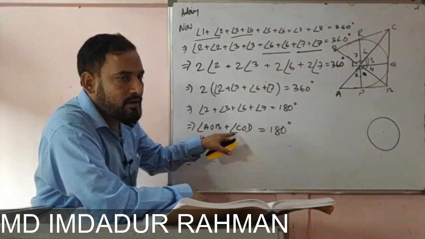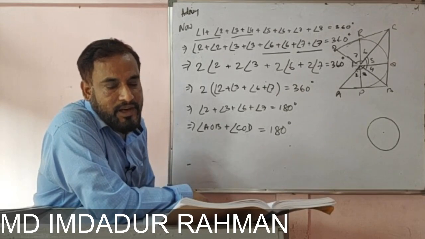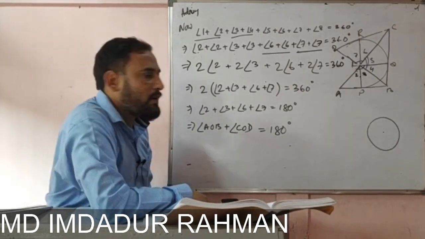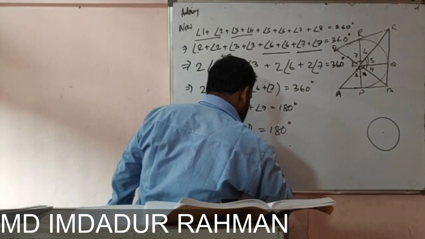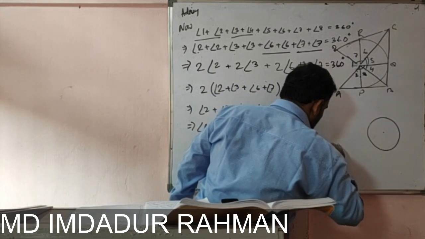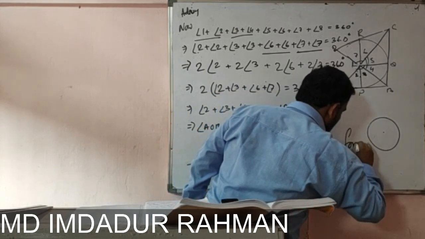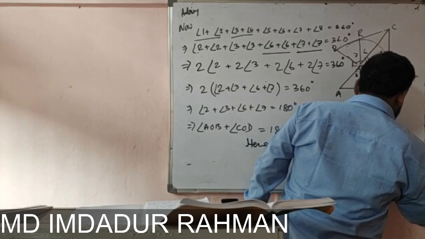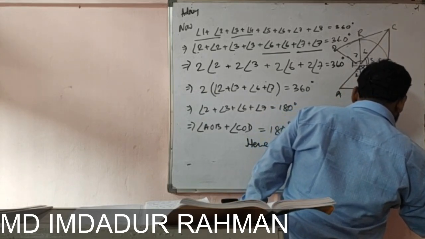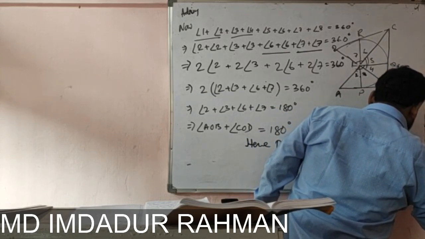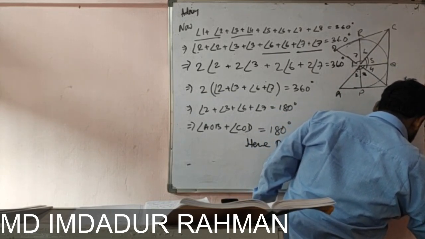So the sum of these two angles is 180 degrees. So we can say that these two angles are supplementary. Hence the angles so formed are supplementary. Proved.